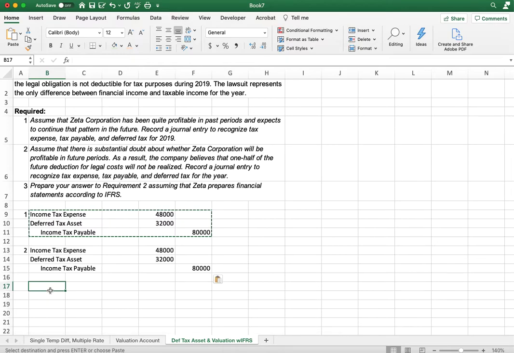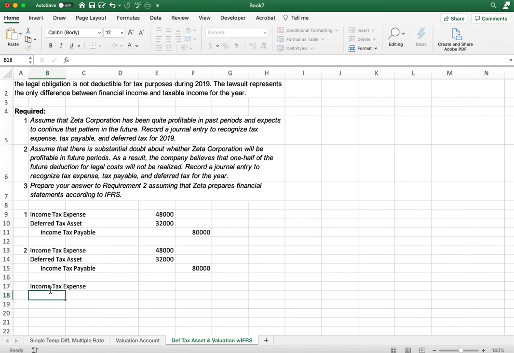And then we would also need below that to have the allowance to reduce the deferred tax. So we'd have income tax expense, allowance to reduce deferred tax asset to realizable value.